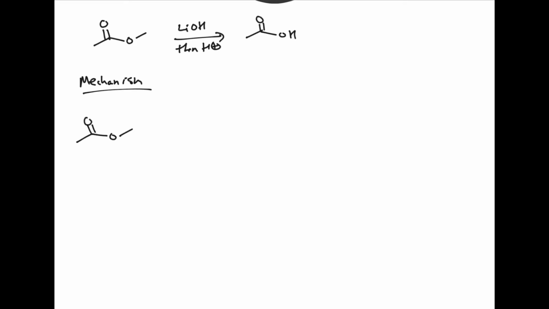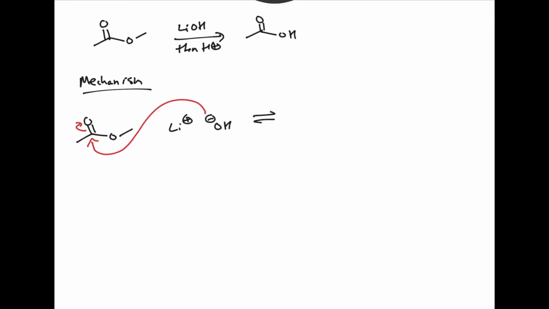So I'll just pick a really simple one here. Pick like lithium hydroxide, then H plus. So we've got our lithium plus, hydroxide minus. We'll add our hydroxide to our carbonyl carbon, push electrons up.